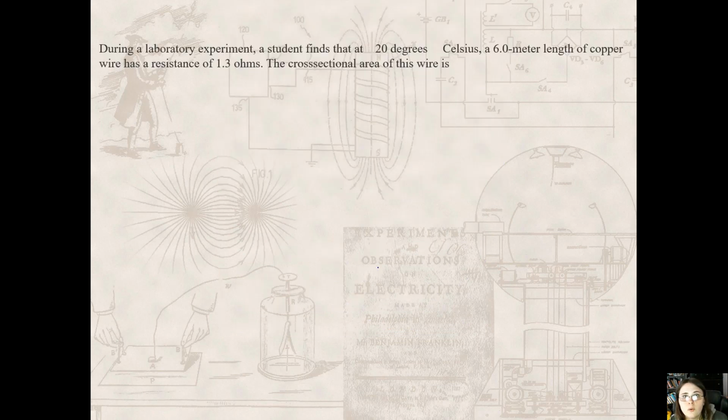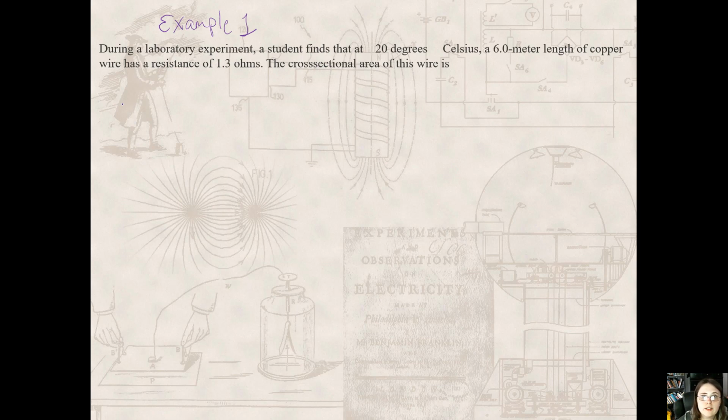Okay, so we have an example, example 1. During a laboratory experiment, a student finds that at 20 degrees Celsius, a 6-meter length of copper wire has a resistance of 1.3 ohms. What's the cross-sectional area of the wire?